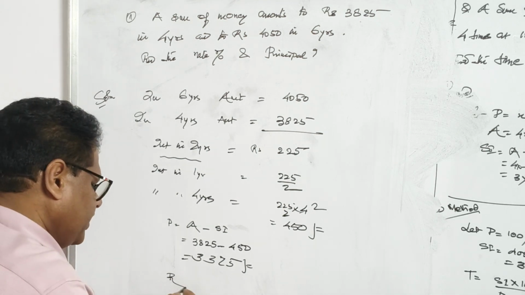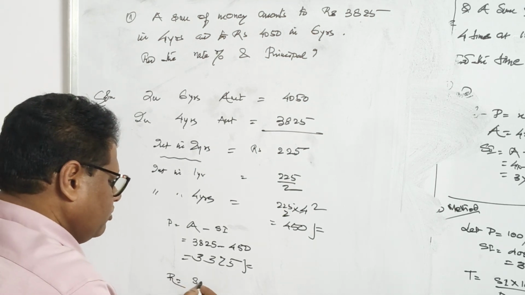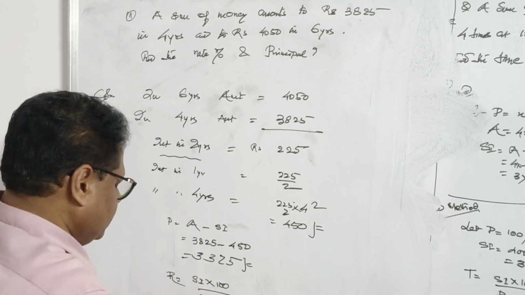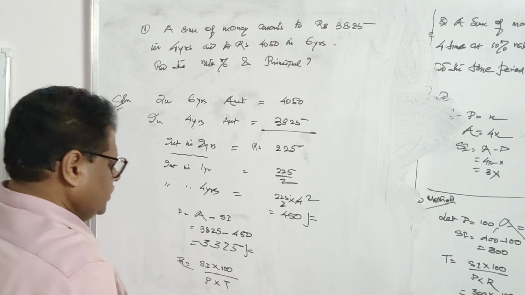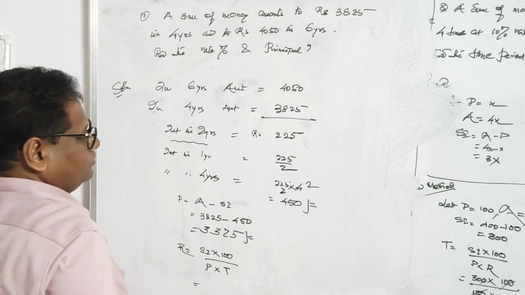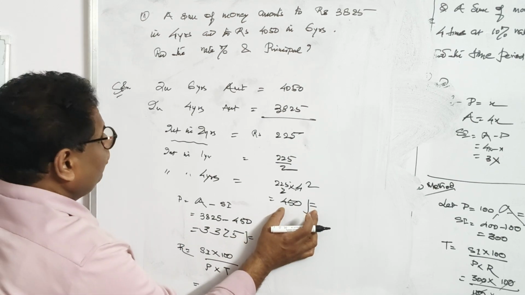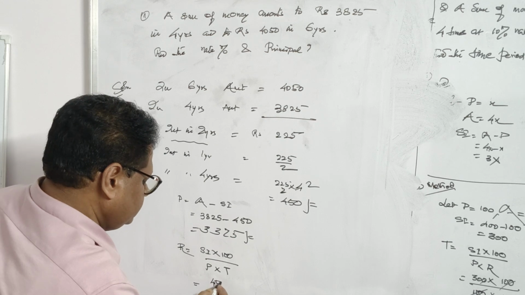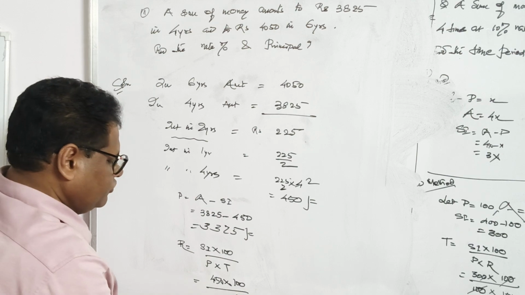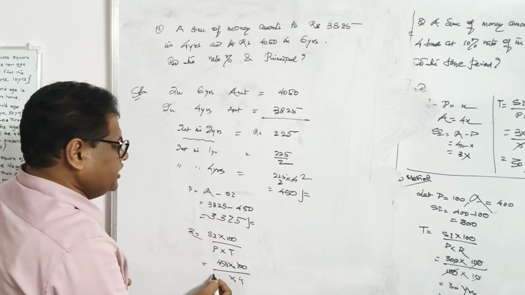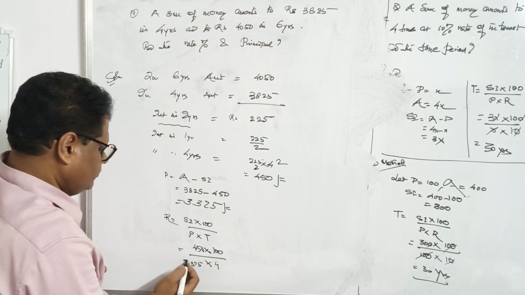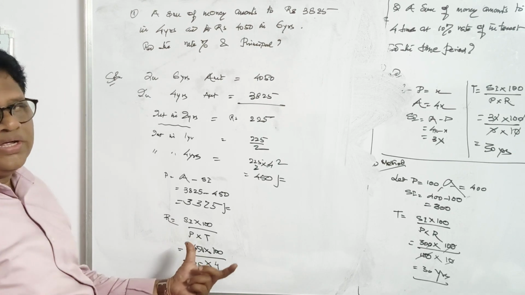Now if you want to find the rate of interest, then you apply the formula SI into 100 by P into T. Now you can use the values for this. If you take the SI for 4 years, then take the time 4 years, right? The principal will be 3375. So in this way you can calculate.